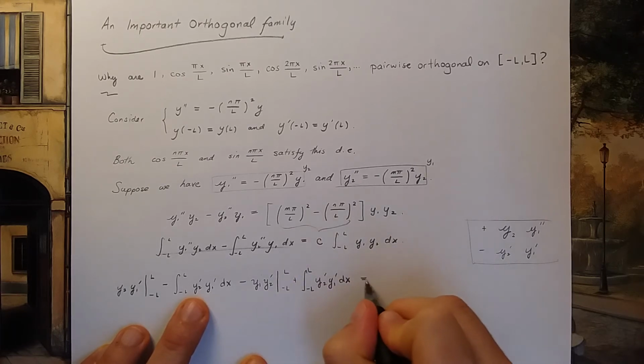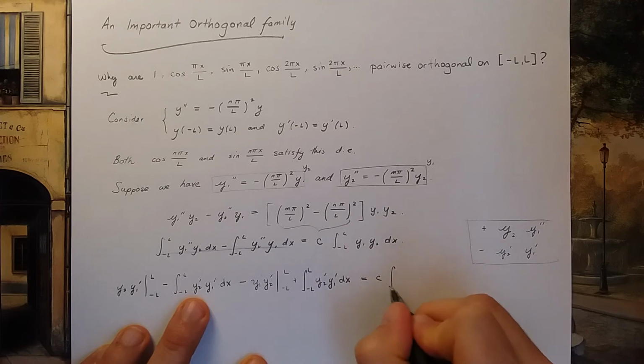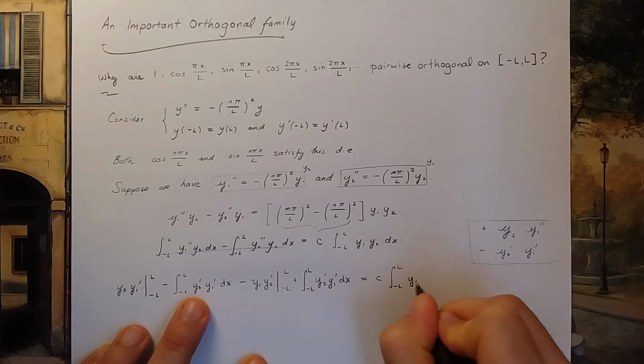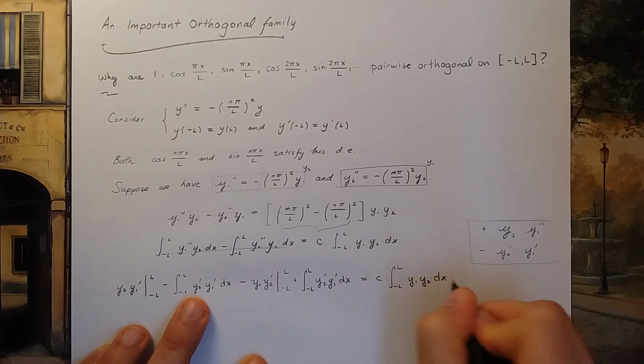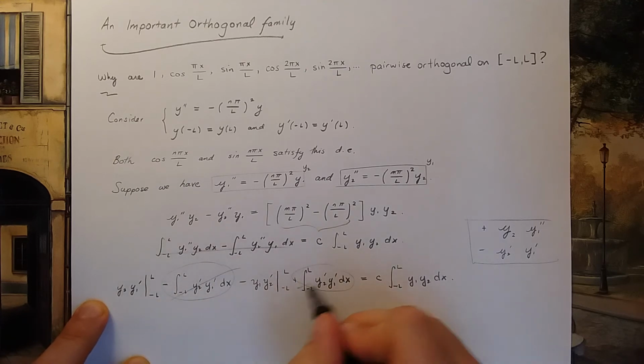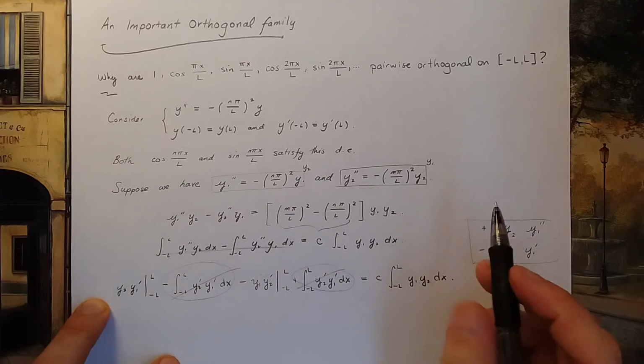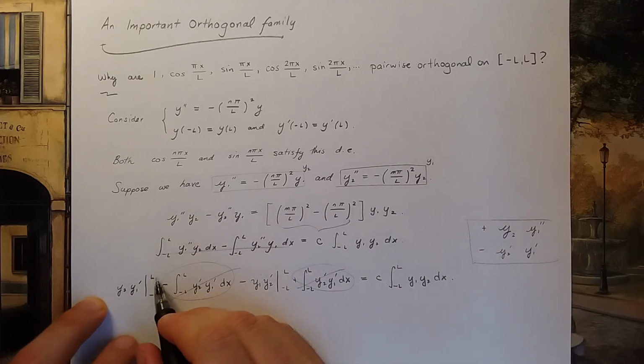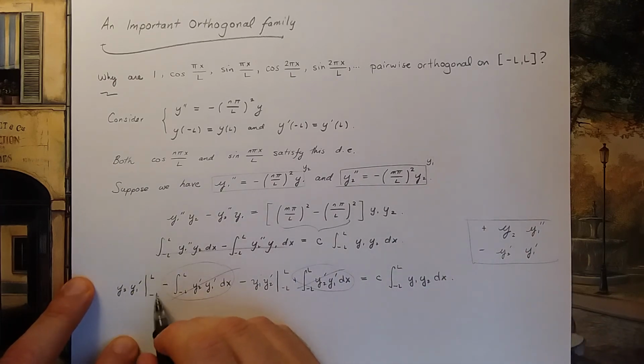And all of that should still equal a constant times the integral from negative L to L of y1 y2 dx. You could see that this term and this term are the same, except with opposite signs. So those cancel.